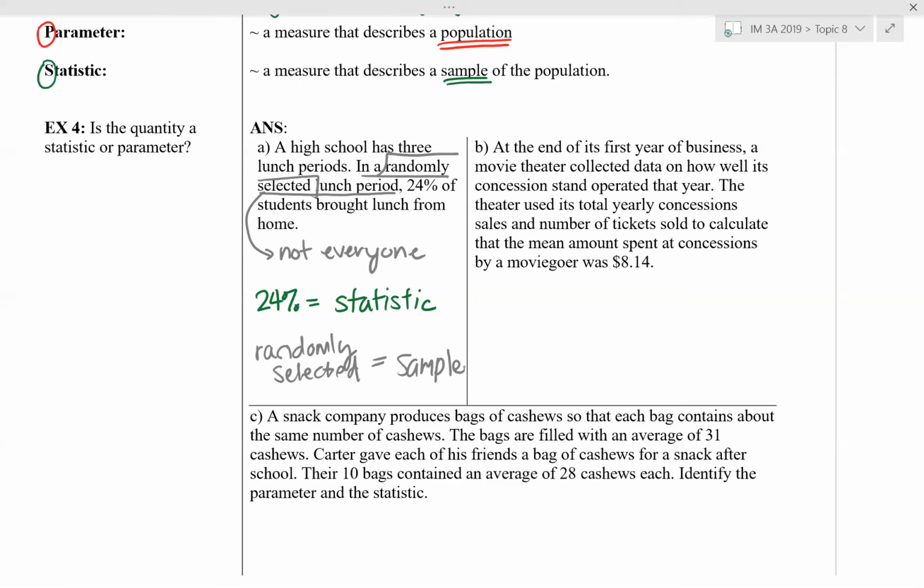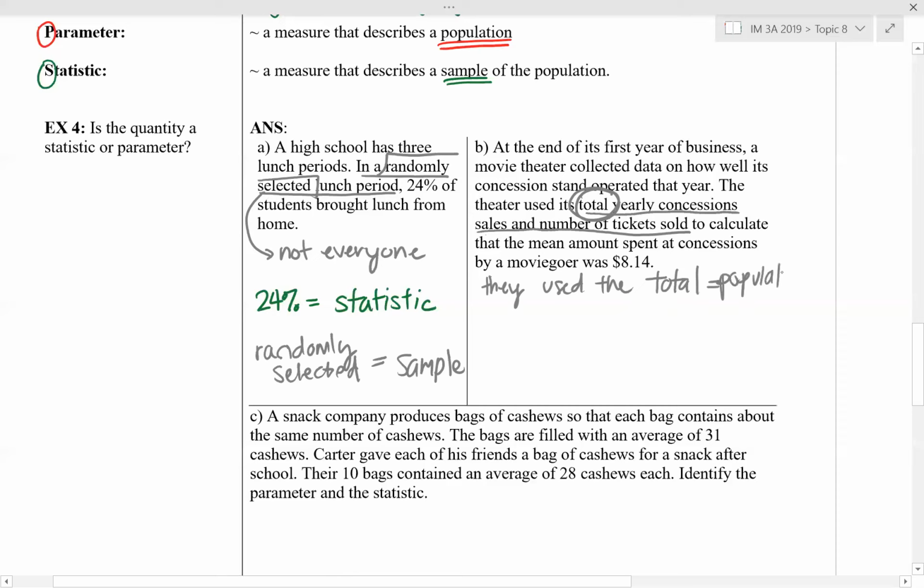The theater used its total yearly concession sales and number of tickets sold to calculate the mean amount spent at concessions by a moviegoer was $8.14. So this word that you see, total, is different than randomly selected, right? So if I see something that looks like total or whole, that tells us that the number $8.14 is a parameter.